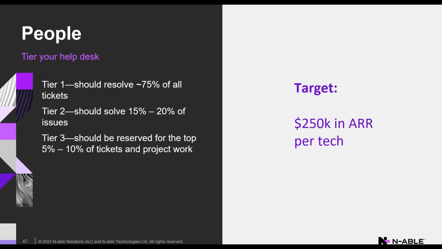okay? And when we look at this to figure out how we are doing inside our technical staff, each tech should manage to create 250K in annual recurring revenue. If that's a Tier 3 technician, that's pretty easy. They should be able to pull that out in projects per year, no problem. Not to mention the automation they're creating to save you time on top of that.